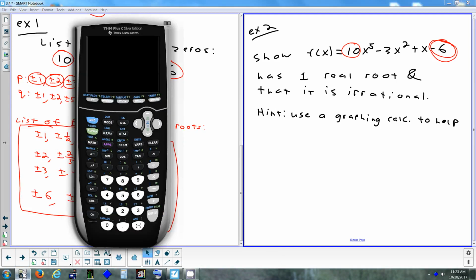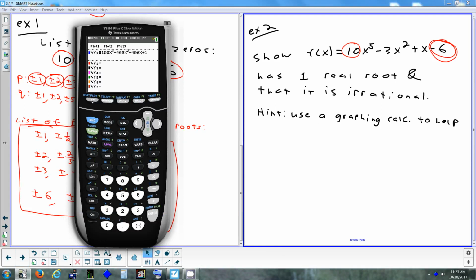Okay, so now I'm going to use my calculator, and we're going to type in the problem. Okay, so we've got 10x to the 5th minus 3x squared plus x minus 6.